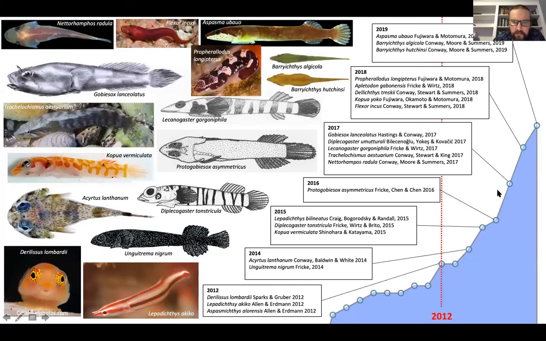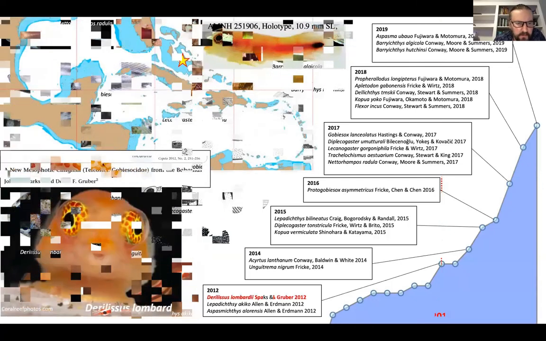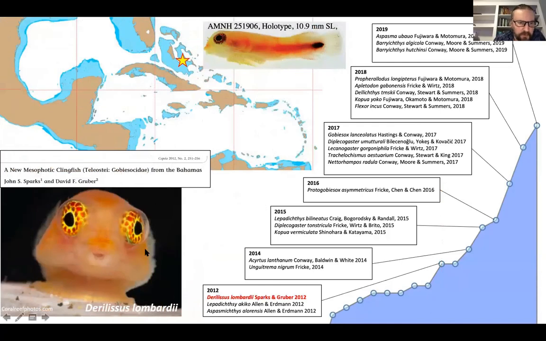There's about 20 or so species that have been described in this time period, and I just want to highlight some of these species. This is an incredible clingfish that might be the smallest species, discovered off the Bahamas. It was described based on a single specimen, but it's been discovered to have a more wide distribution throughout this region.